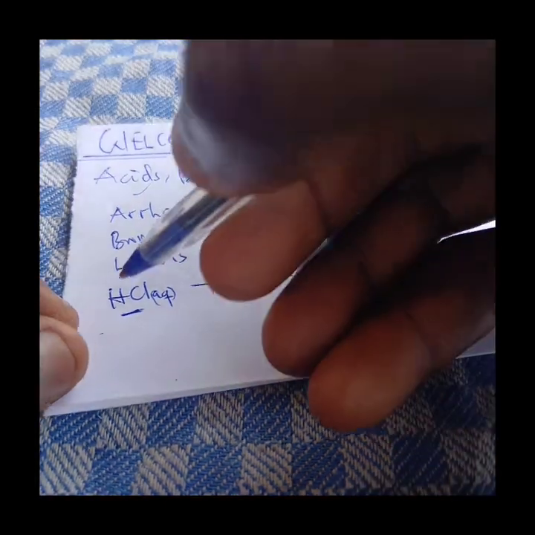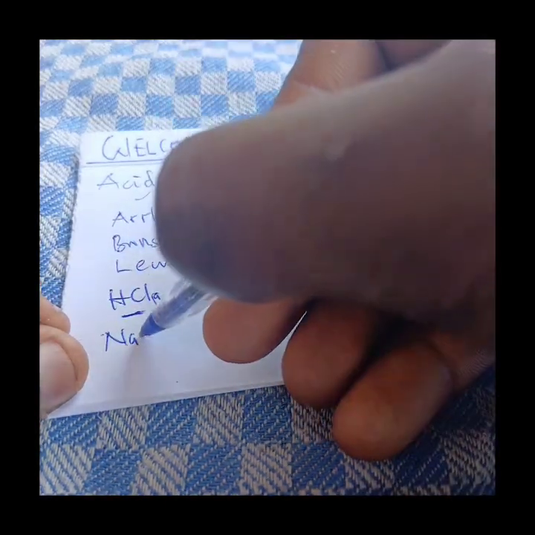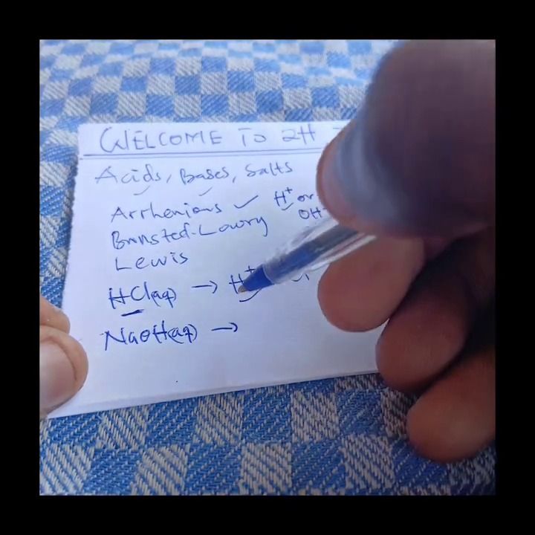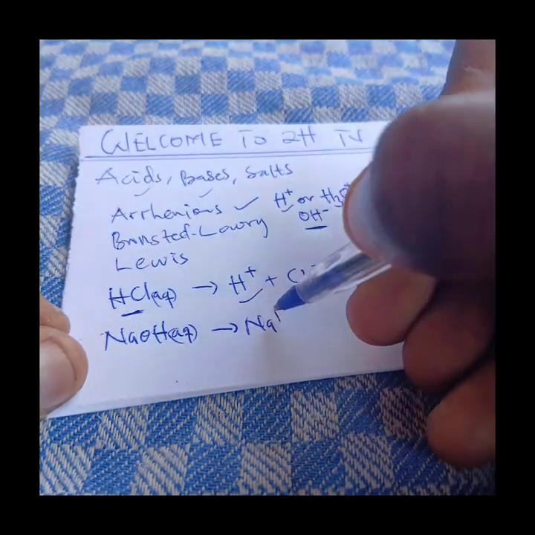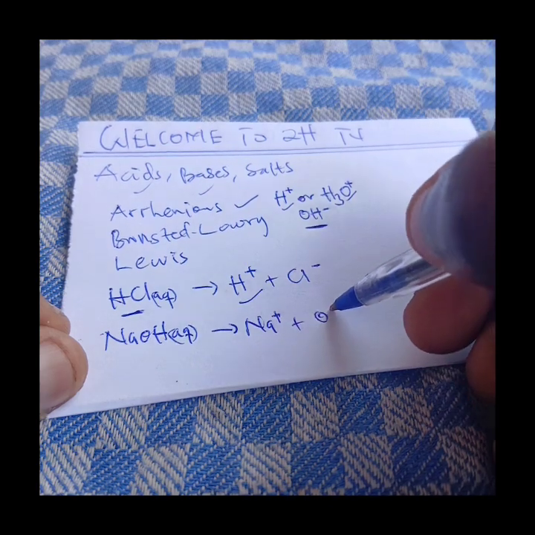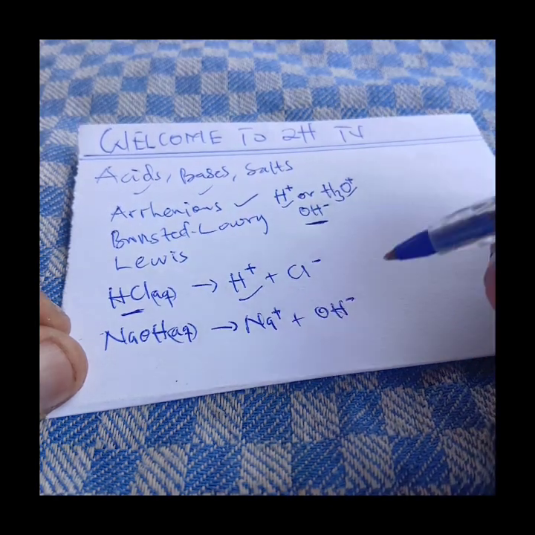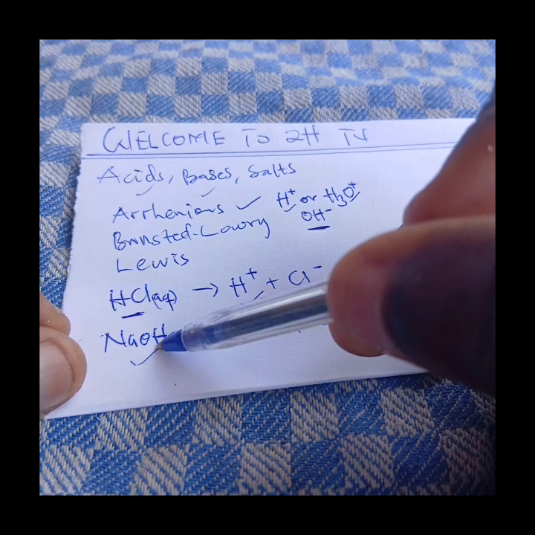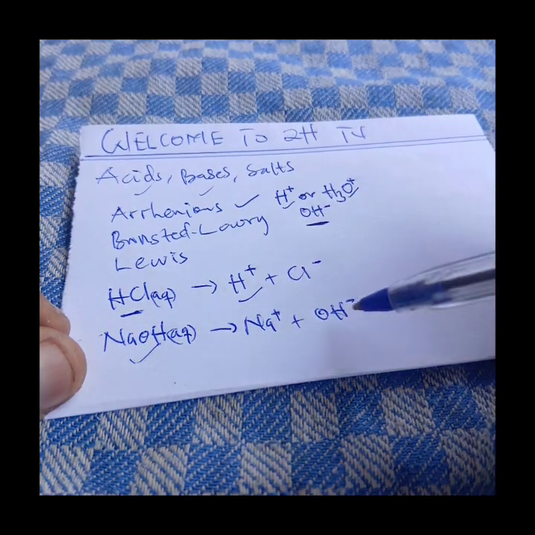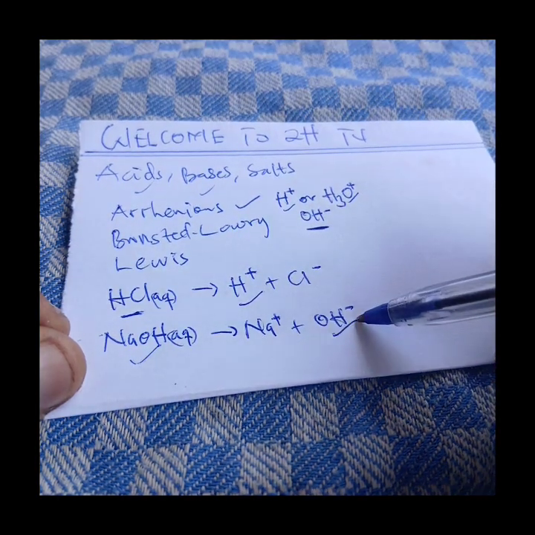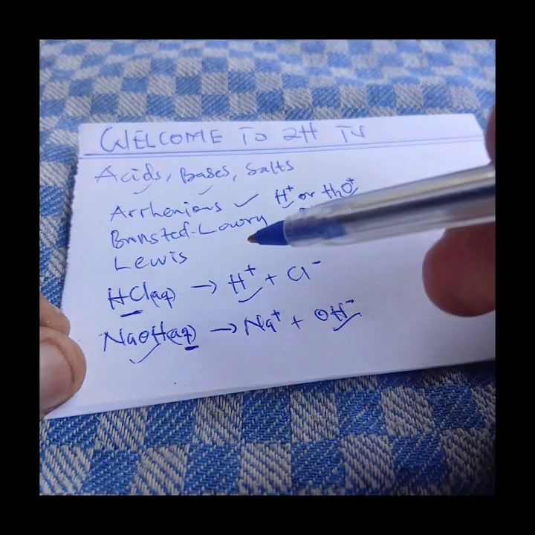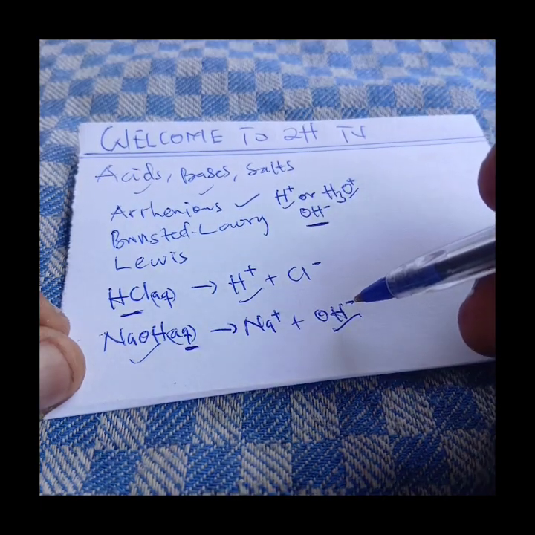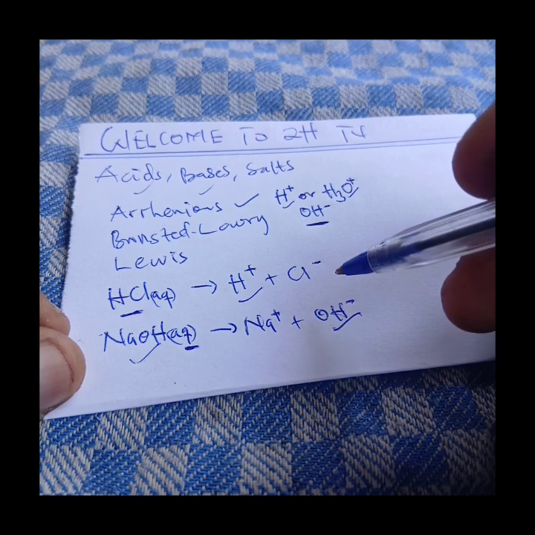But if we dissolve maybe sodium hydroxide in water, okay, now the bond will break, right, and we will have sodium ions and OH minus, hydroxide ion. Now because this particular substance has been able to produce hydroxide ion when dissolved in water, it is termed a base according to the Arrhenius definition.